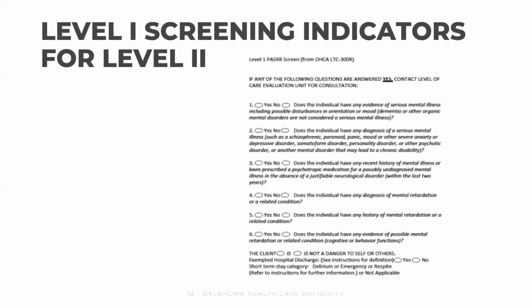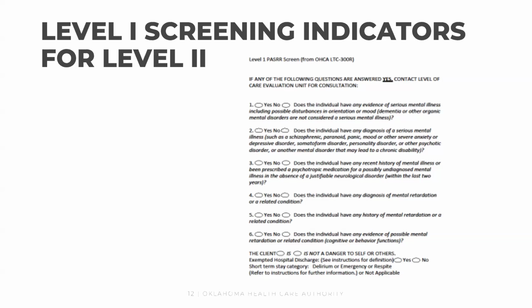And I tell folks to help them. I know a lot of my providers have done something I think is really smart. They go to the copier and they blow up these 6 questions and just have a copy of that next to their computer on the wall, next to their intake process and things like that.